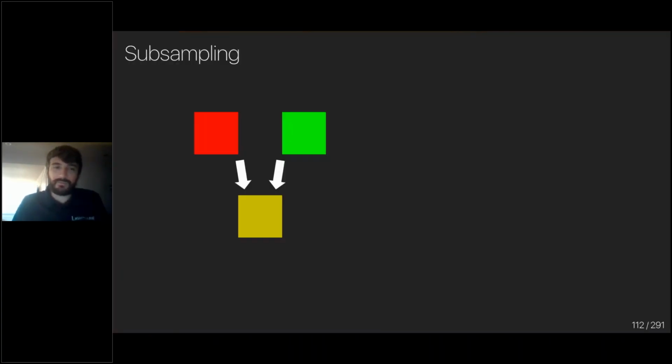The subsampling method is a lot more visible when you have two highly contrasting colors next to each other. You could think of the subsampling method as kind of like taking the average between two colors. It's not that, but you could think of it this way.